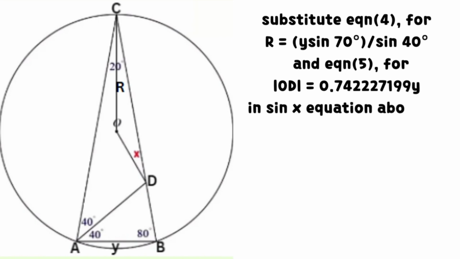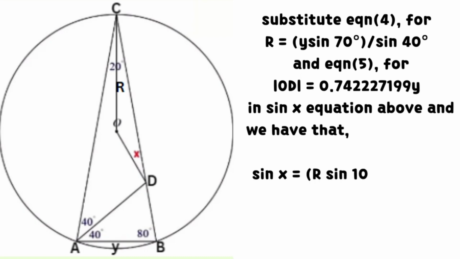Substitute the value of equation 4 for r and equation 5 for line OD, respectively, in the sine x equation above and we have the equation in sine x as shown on the screen.